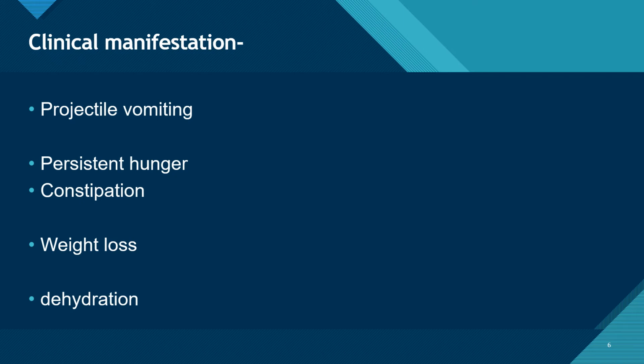There will be constipation, there will be weight loss, and because of this frequent vomiting, the child will become dehydrated. Okay, so these are the main signs and symptoms which will be found in pyloric stenosis babies.